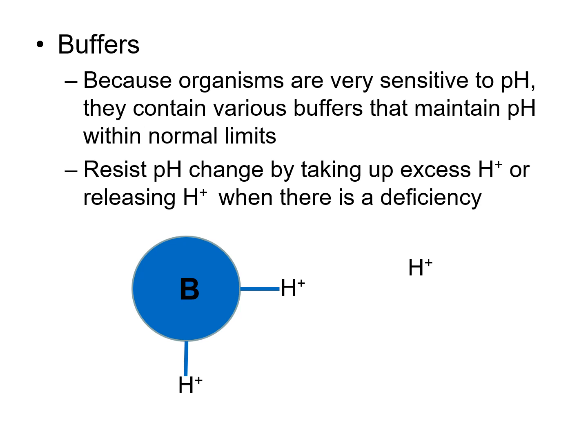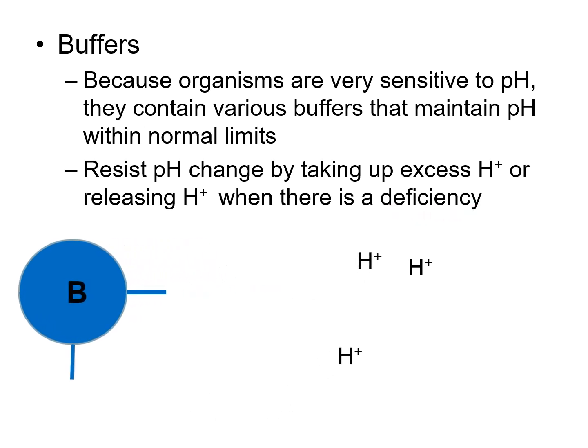The buffer, in response to a deficiency in hydrogen ions, will release hydrogen ions in an attempt to return hydrogen ion concentration to the normal range. So this is how buffers work. They take up hydrogen ions when they are in excess, and they release hydrogen ions when the concentration is deficient. And in this way, they help maintain pH in the normal range.